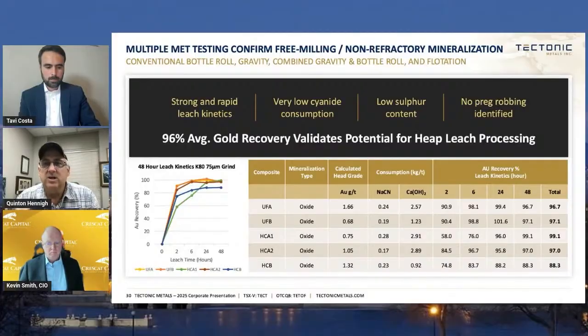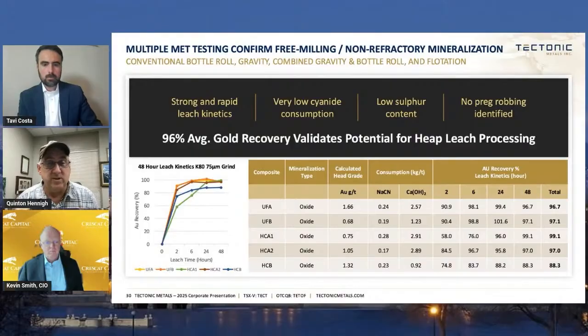In this case, we're looking at leach kinetics with different composites of oxide, and there's no sulfide in this. You can see very quick leaching of gold out of these rocks in a very short amount of time, very low reagent consumption, very low sulfur content, etc. This is the kind of stuff we want to find. Let's go to the next slide.